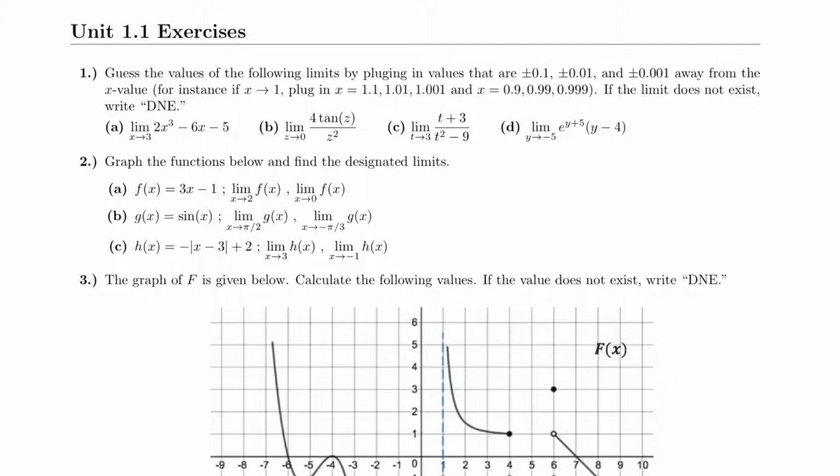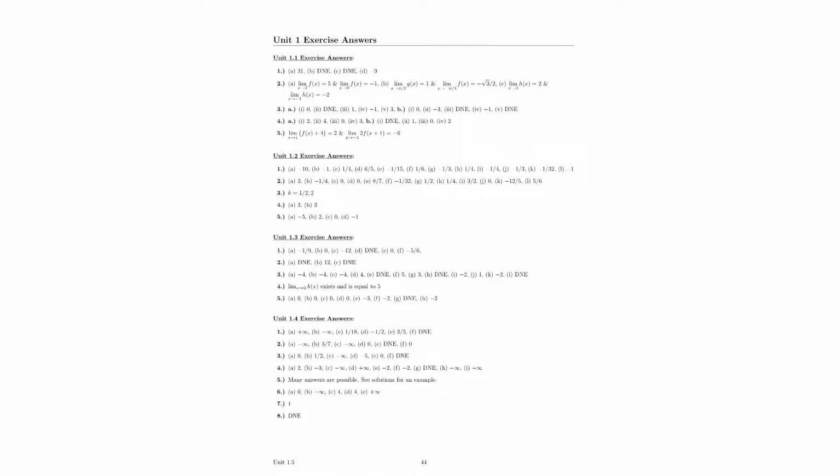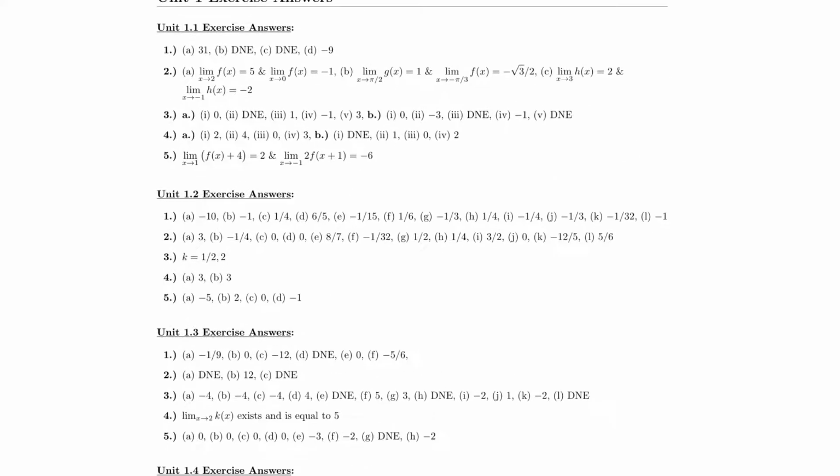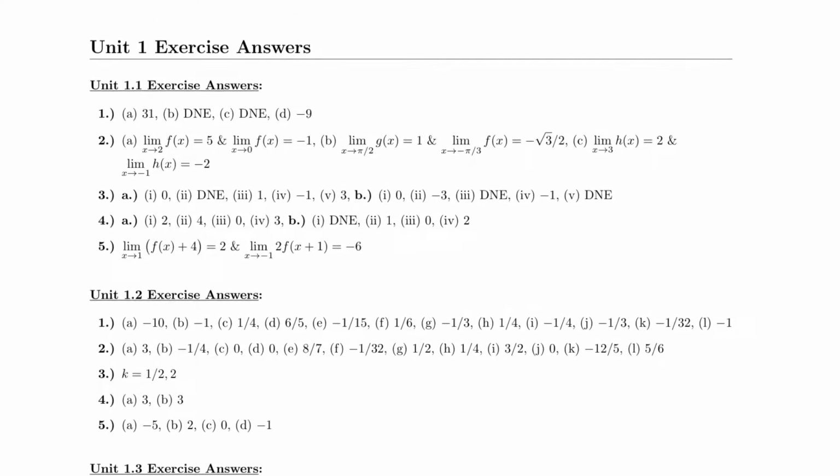There are answers to all these problems at the very end of the entire PDF, like page 43. Not full done solutions, but answers to everything. So I suggest that you do all the problems from Unit 1.1, 1.2, 1.3.